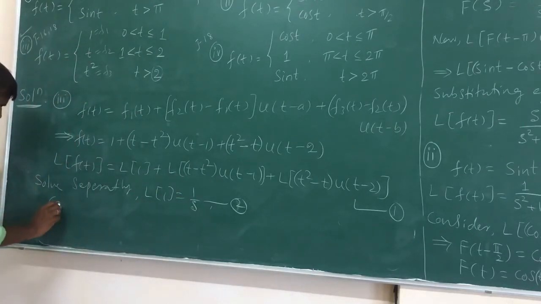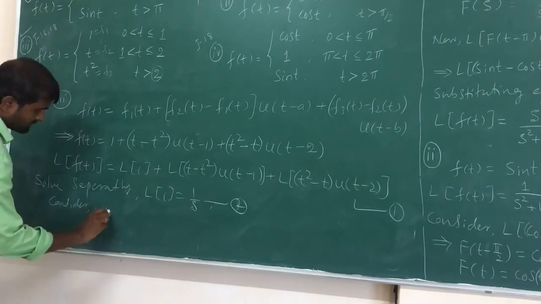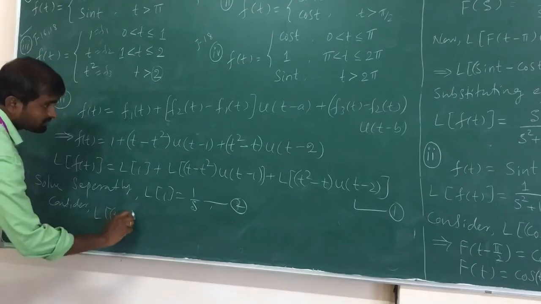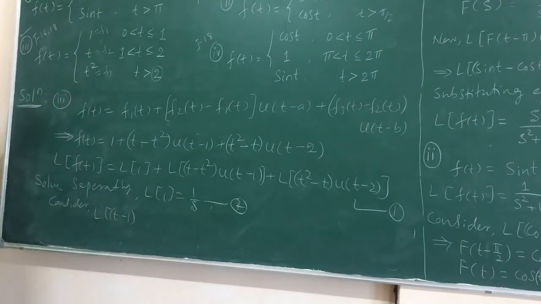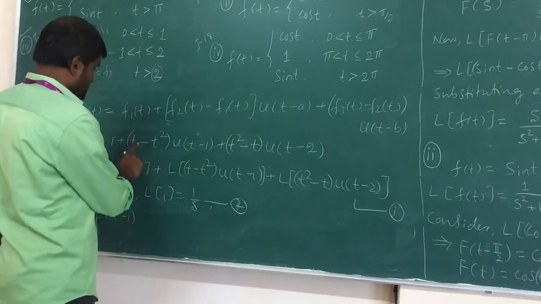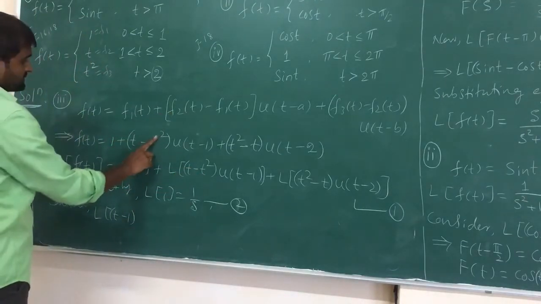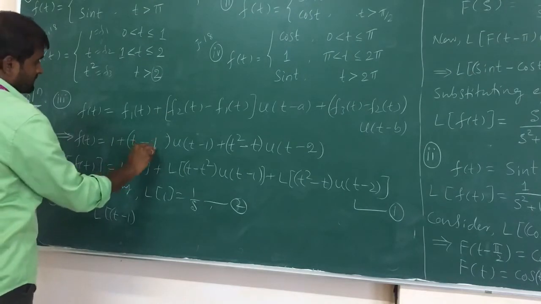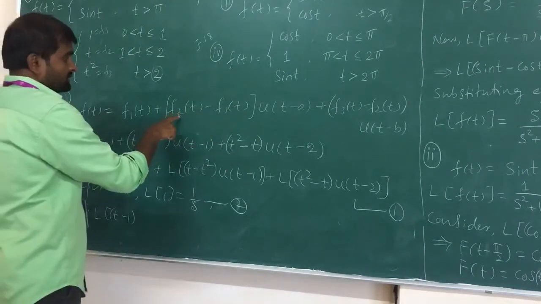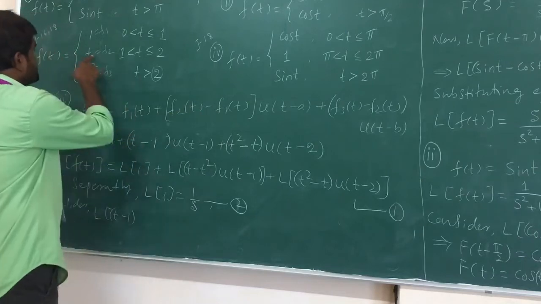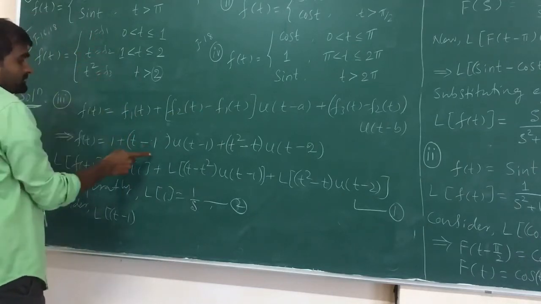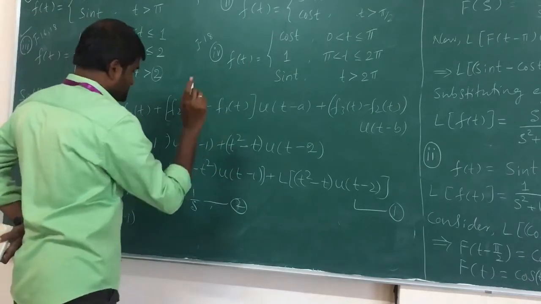Then L of t minus 1 into u of t minus 1, correct? Here t minus 1, because f2 minus f1, f2 is t and f1 is 1. This is correct.